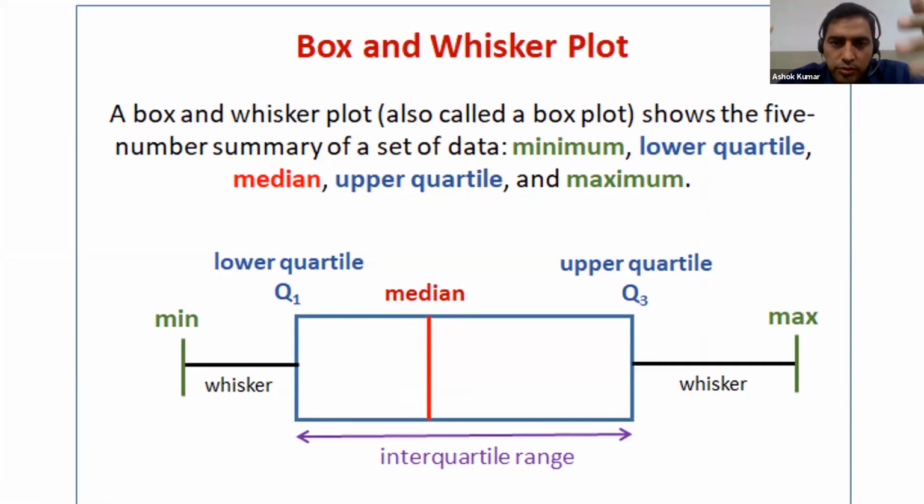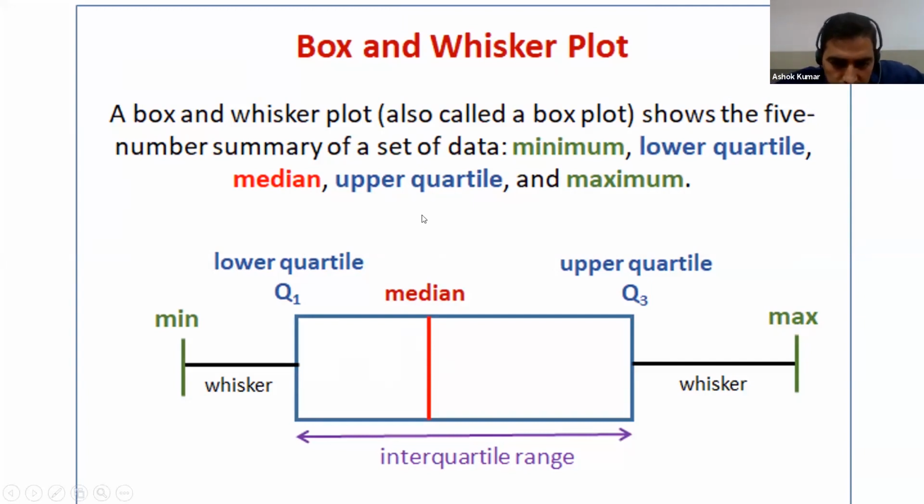When you use the Mann-Whitney test, Wilcoxon signed-rank test, Friedman test, or Kruskal-Wallis test, you have to present your result in tabular form as median and IQR, and in graphical form as a box and whisker plot. Here this is a horizontal whisker plot, and you can also get a vertical whisker plot. There is no problem.